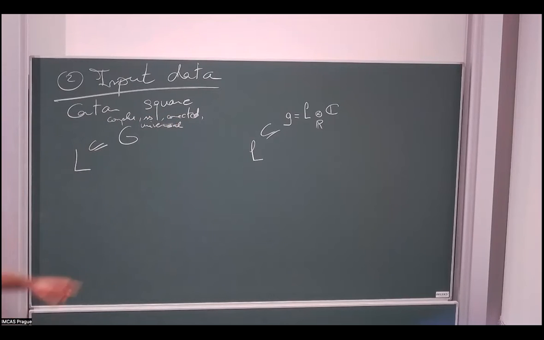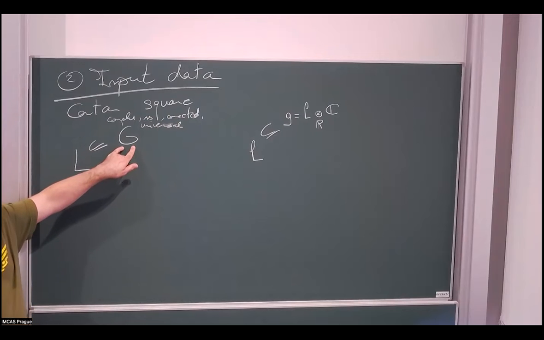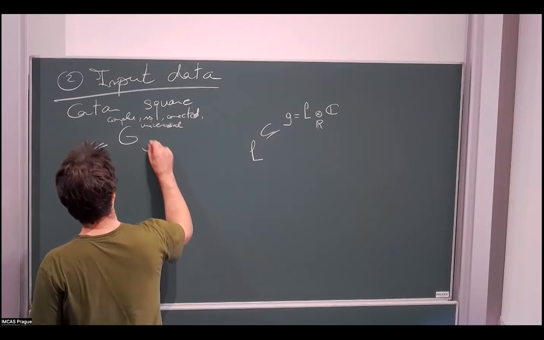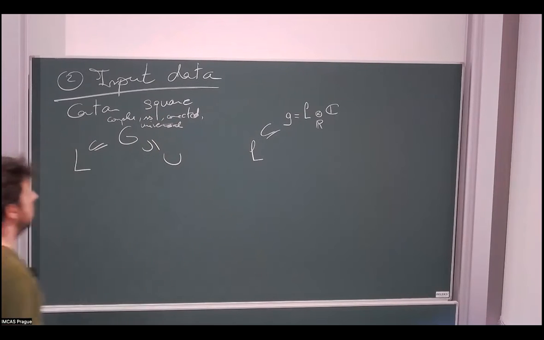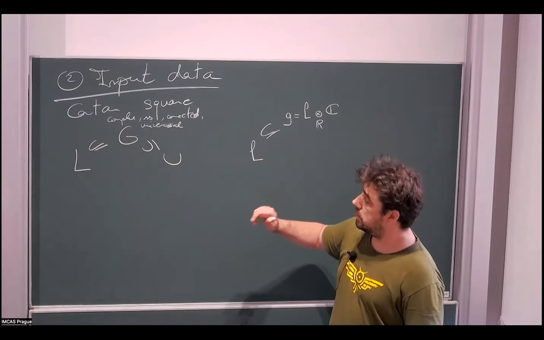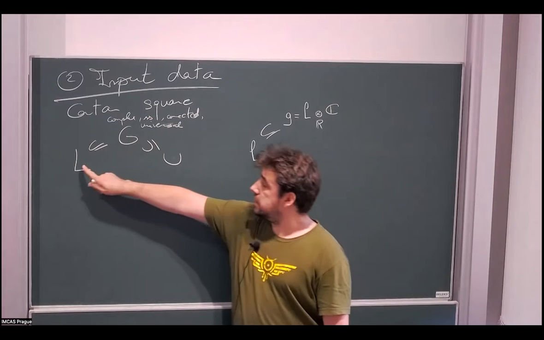Now, this G, being a semi-simple Lie group, will actually have a maximal compact subgroup, U. Now, this U, I have to choose one. So I can choose one and then all other ones are conjugate to this one. But the problem is I want to have compatibility of this one with this one.